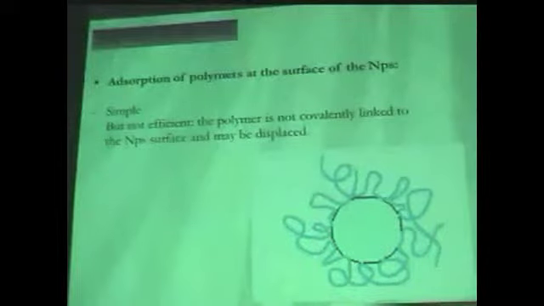It's very simple, but it's not very efficient because the polymer is not covalently linked to the nanoparticle surface. This polymer may be displaced, in the blood, for instance, and we can obtain naked nanoparticles which will aggregate.